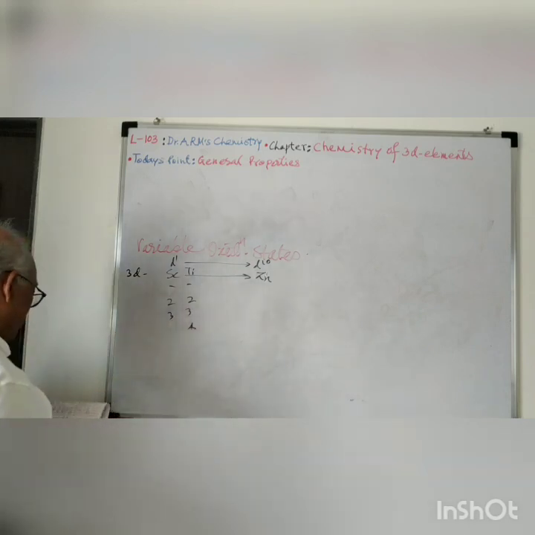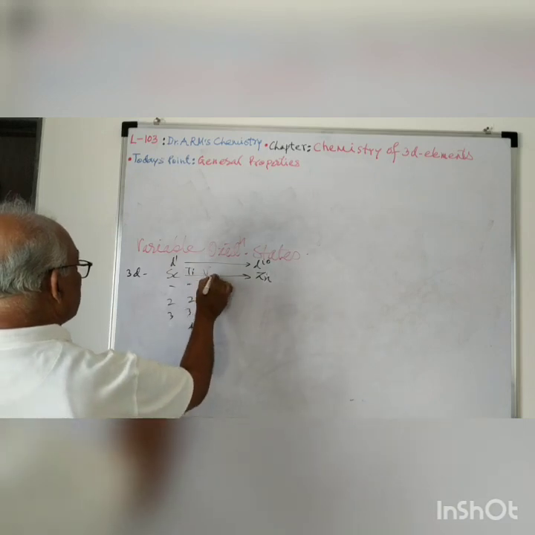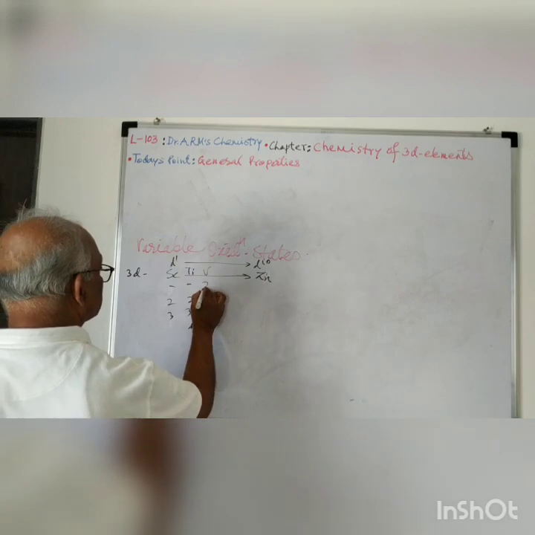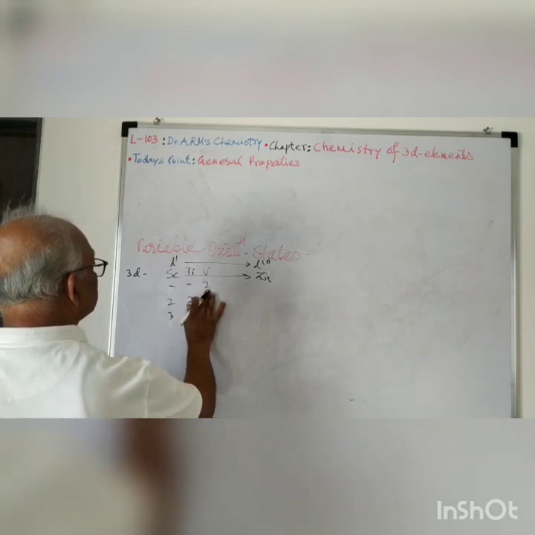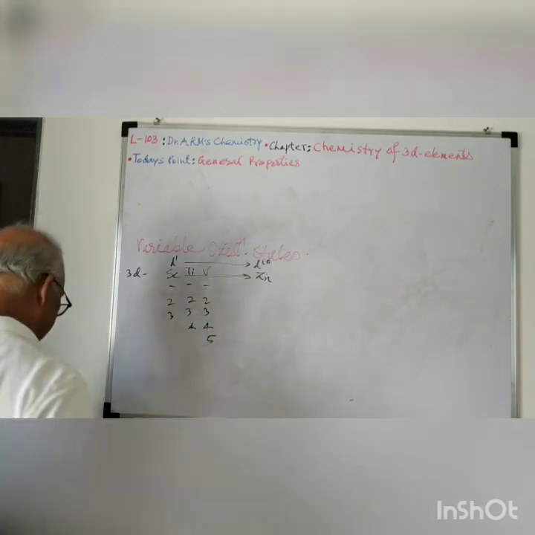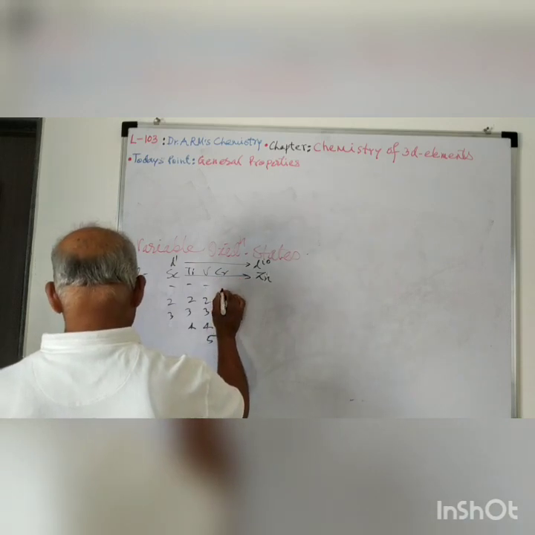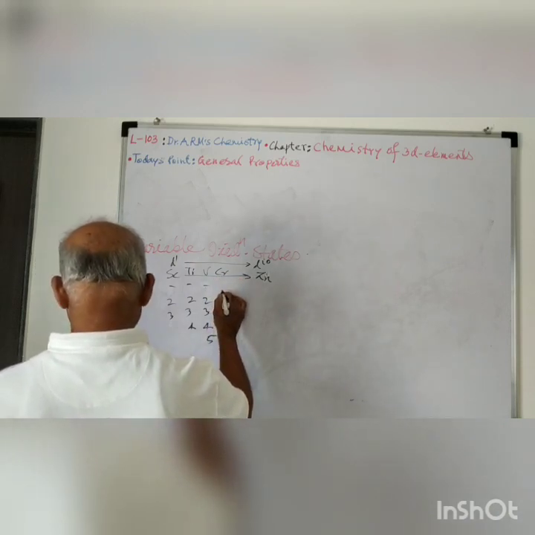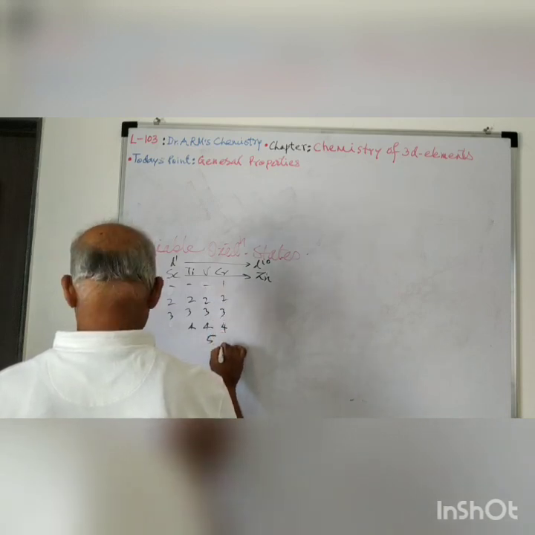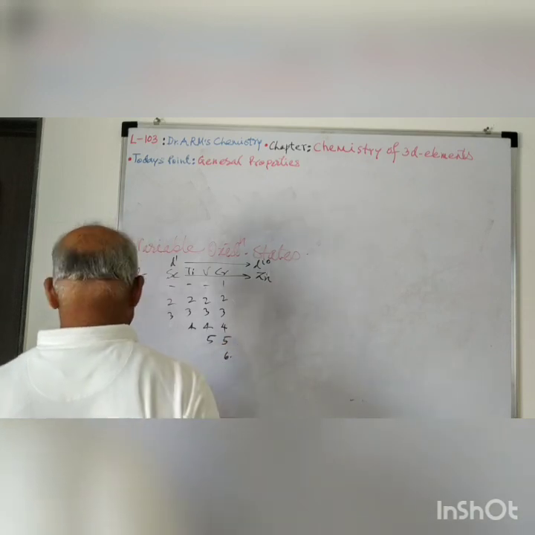Vanadium has 4 oxidation states, 2, 3, 4, 5. Chromium has 5 oxidation states, 1, 2, 3, 4, 5, and 6.